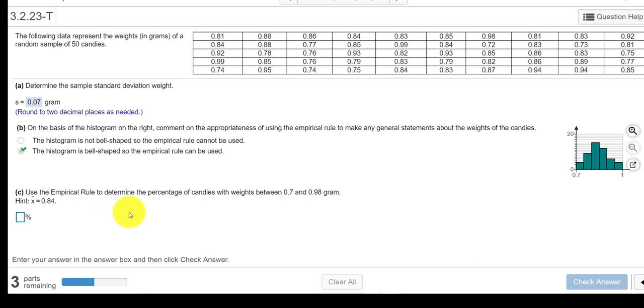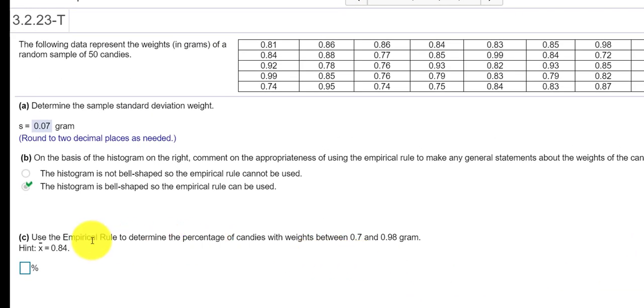Next, it says use the rule to determine the percent of candies between 0.7 and 0.98. It's important to realize that the mean was 0.84. If I were to find the average of all of these numbers, I'd get 0.84. So one standard deviation would be 0.84 plus 0.07.